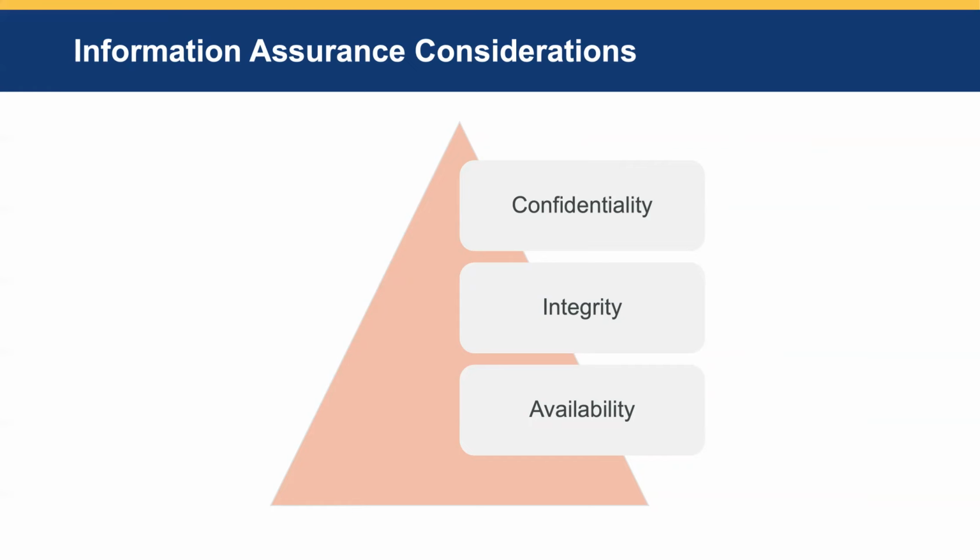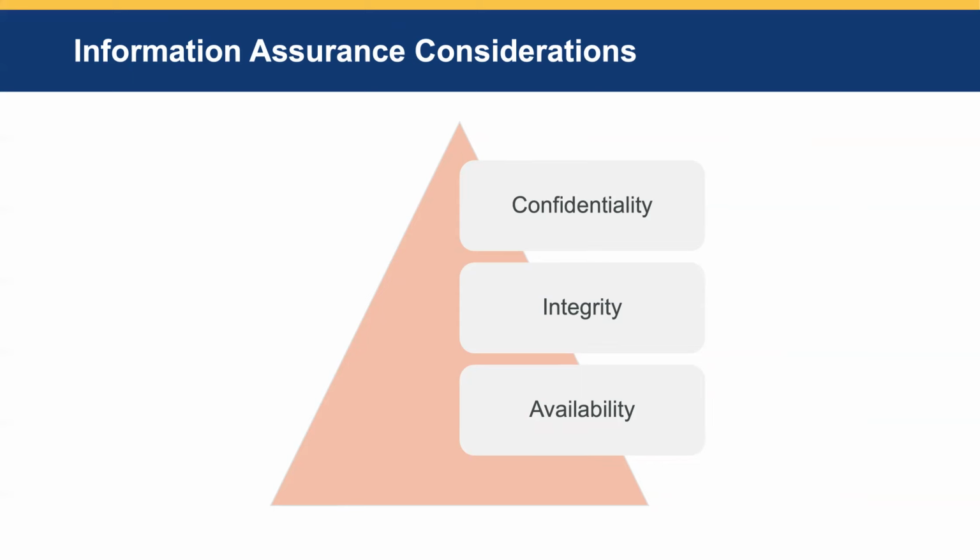We want to ensure the integrity of information as well. So we want to ensure that it's maintained and can be trusted for decision making. We also want to ensure that availability is present, and this means that only authorized users can access the information when they need to access it.